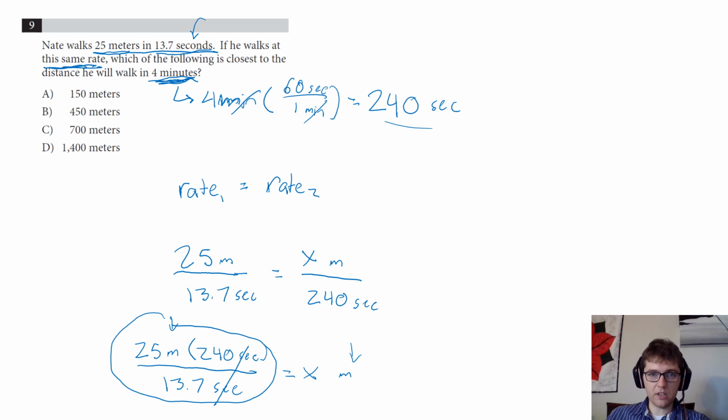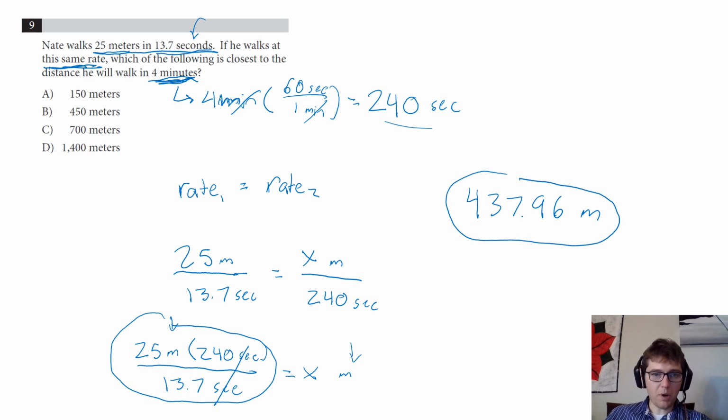What you'll come up with is that this all ends up equaling about 437.96 meters. The problem does ask which of the following is closest to the distance he will walk. 437.96, about 438, is closest to 450 meters. So answer choice B is correct.